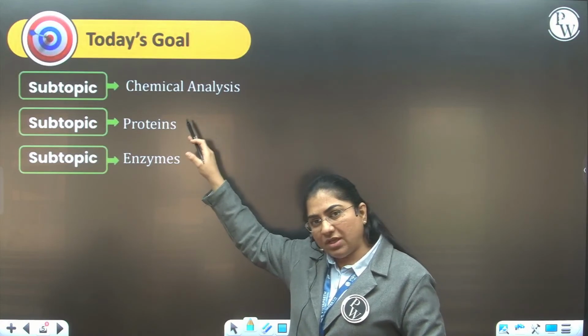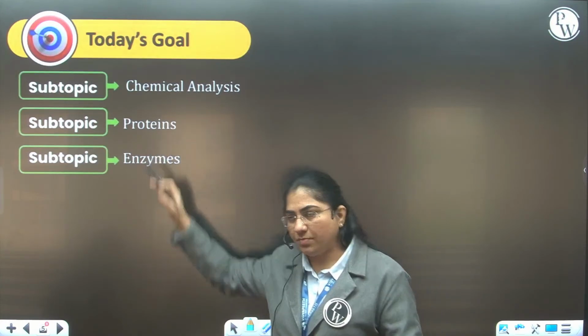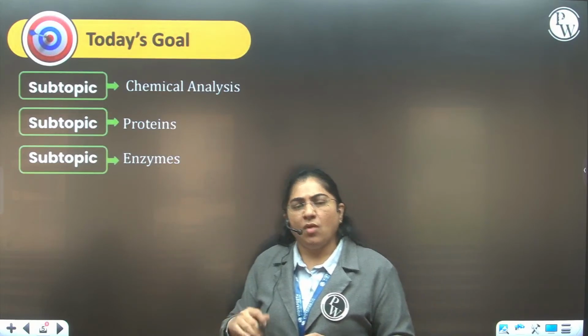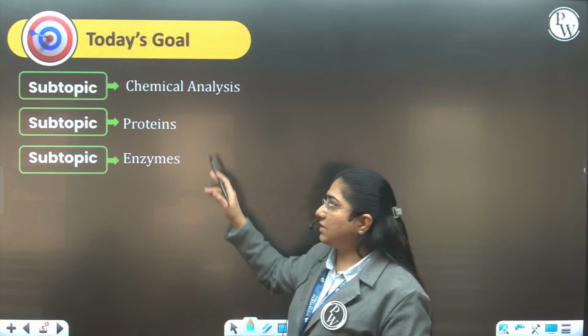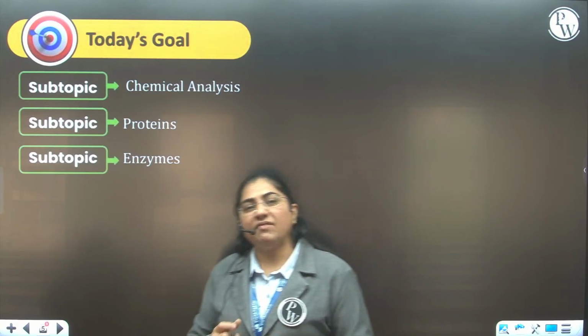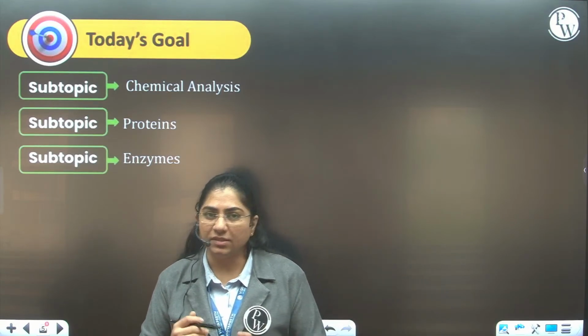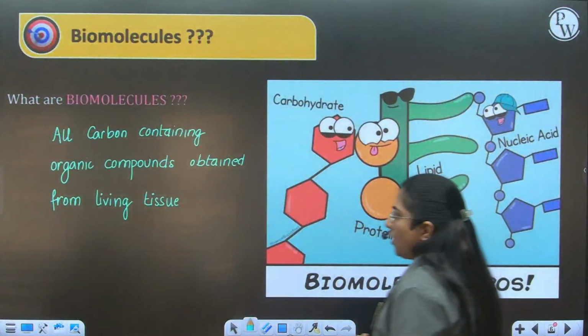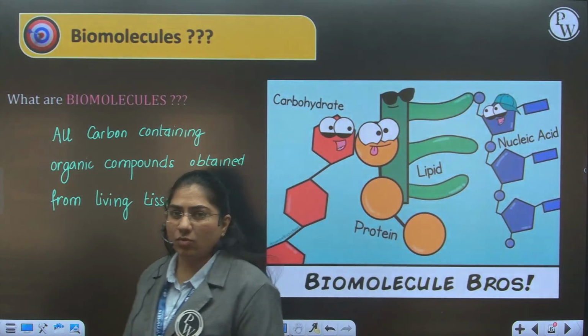One, the chemical analysis part, which is in the introduction part of the chapter, then the proteins, and then the enzymes. Why these 3 parts? Because these are the 3 wherein a large number of questions come in the NEET paper. Okay. So let's understand what initially biomolecules are.